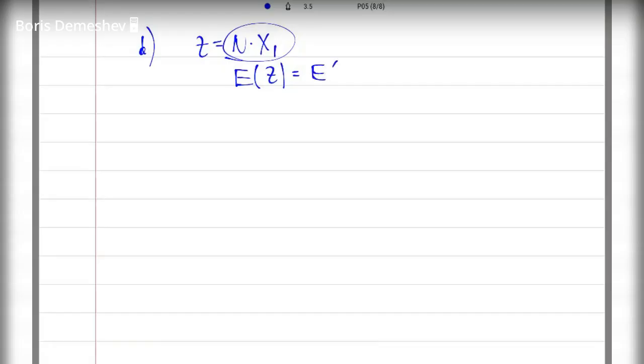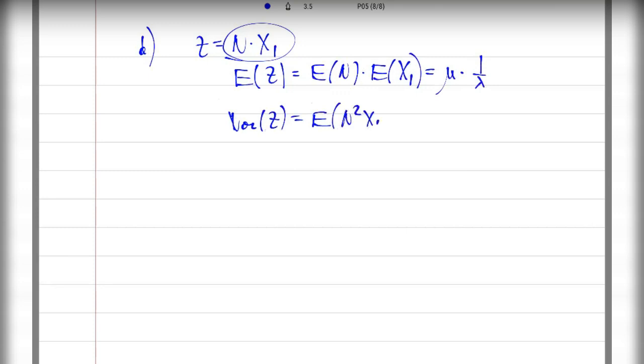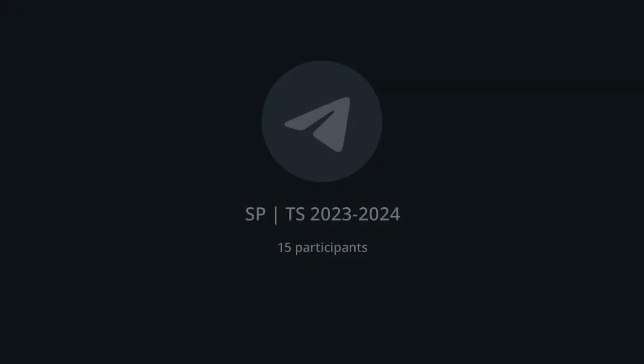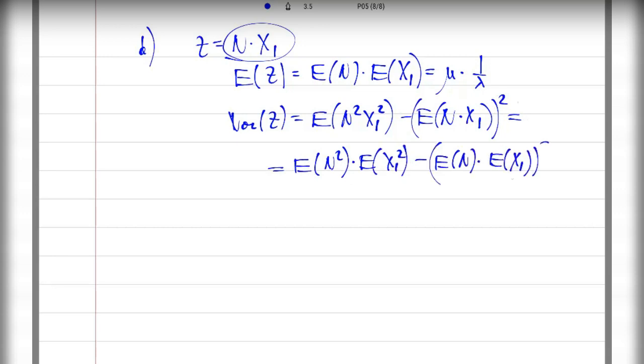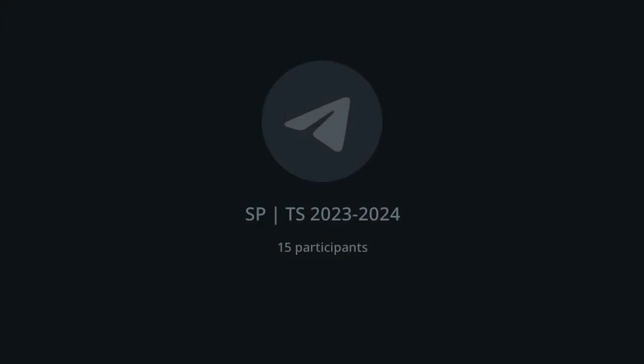Okay, so it's expected value of n times expected value of x1, and it's mu times 1 over lambda. And the variance of z is expected value of n squared x1 squared minus expected value of n times x1, and that's expected value of n squared times expected value of x1 squared, and we just finish everything we need to complete this question from the exam.